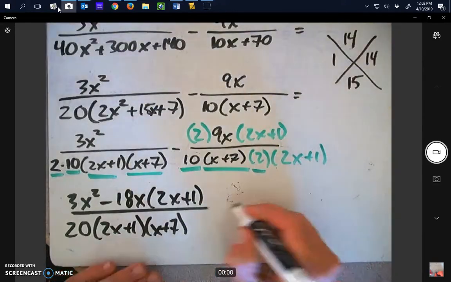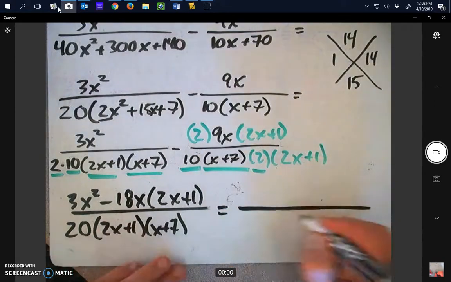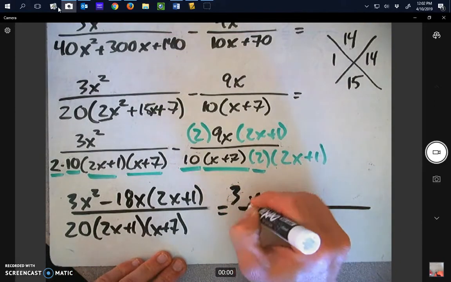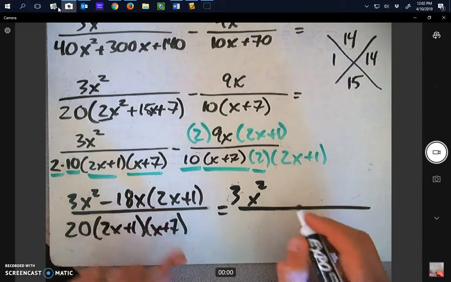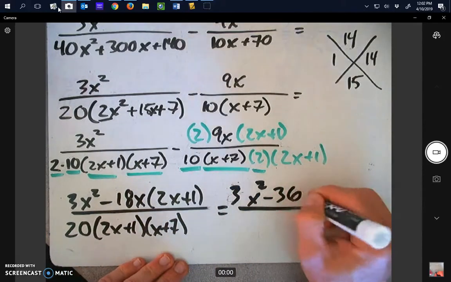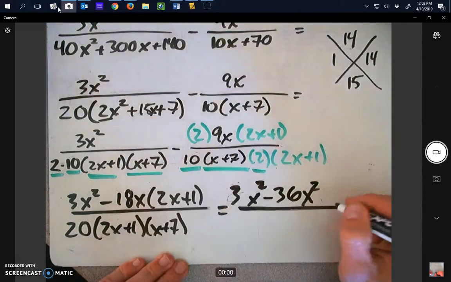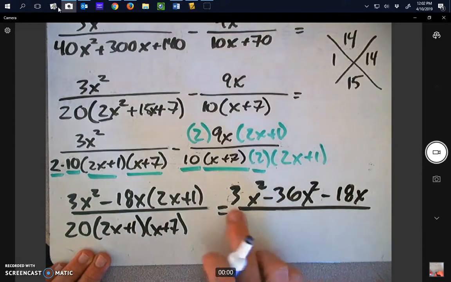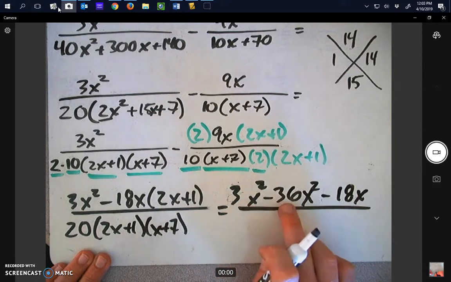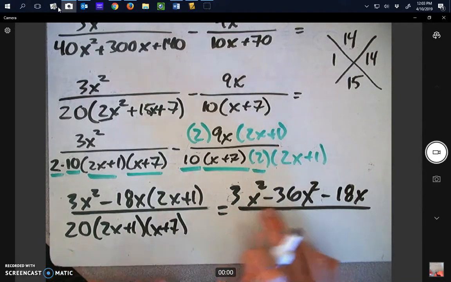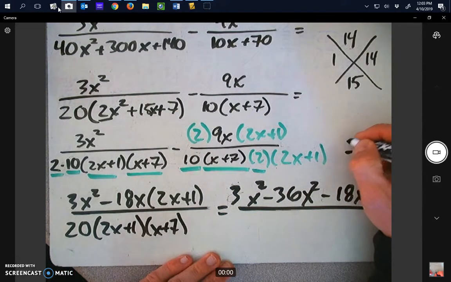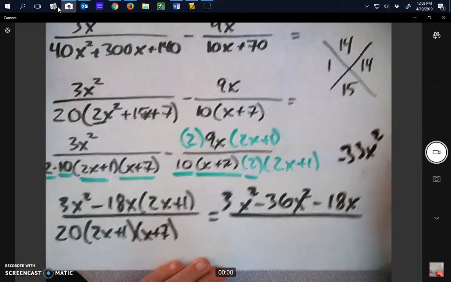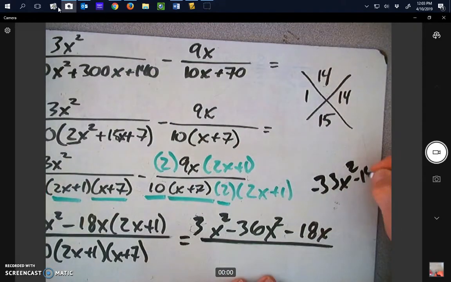And one last step to simplify that. 3x squared, 18x times 2x is 36x squared. And then minus 18x. This denominator still goes over here. We can actually subtract this, 3x squared minus 36x squared. So that's going to be negative 33x squared minus 18x is our numerator with our denominator over here.